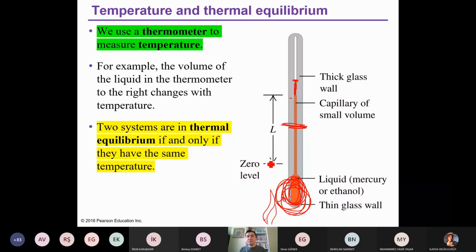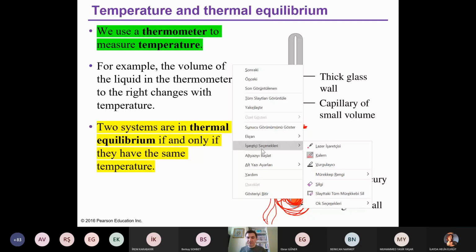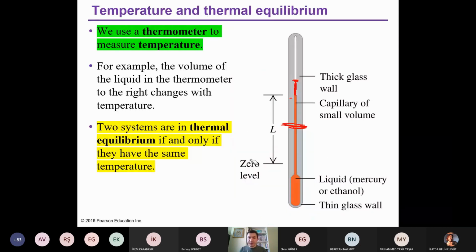But here we have a very important term, thermal equilibrium. So you would like to measure the temperature of some object or body, then you use this thermometer. So let's consider that here there is a body, okay, or here there is an object, and this thermometer and this object are in very close contact.